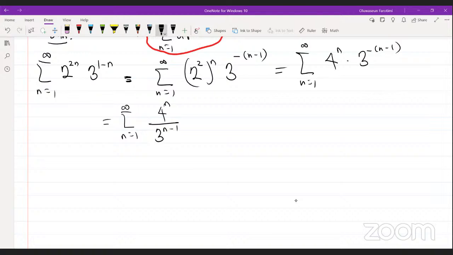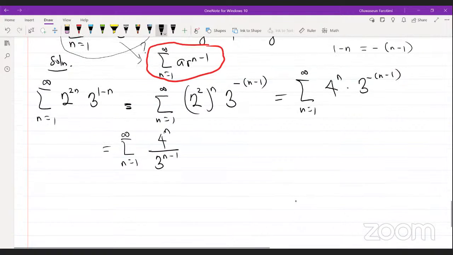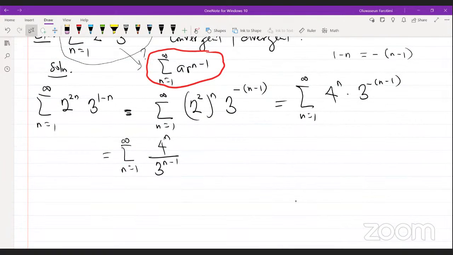Okay. Remember, let's see what we are comparing with. We need to have a, which is a constant, and we need to have a certain r to the power of n minus 1. Now, what do we have? The guy on the bottom already has n minus 1, but the guy on the top doesn't have n minus 1. Then I got to introduce a trick, okay? So just watch this interesting trick.